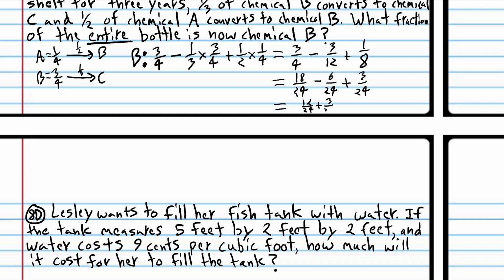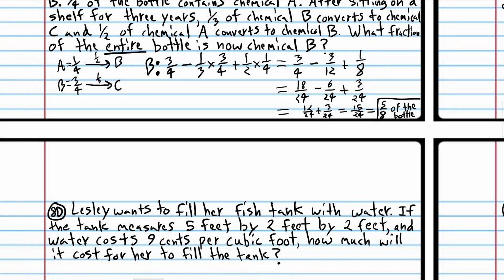And then 12/24 plus 3/24 is 15/24. Then we can reduce that fraction. We can divide both sides by 3 to get 5/8. So 5/8 of the bottle is now chemical B.